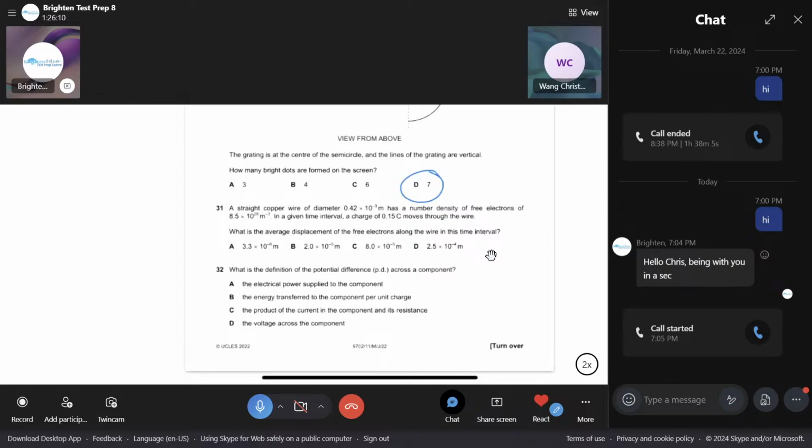We have the number density of free electrons. We have a charge which moves through the wire. So what is the average displacement of these free electrons?